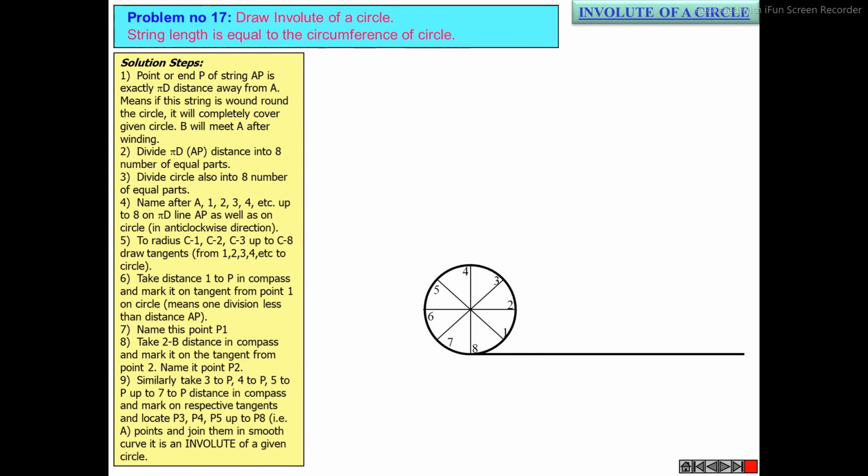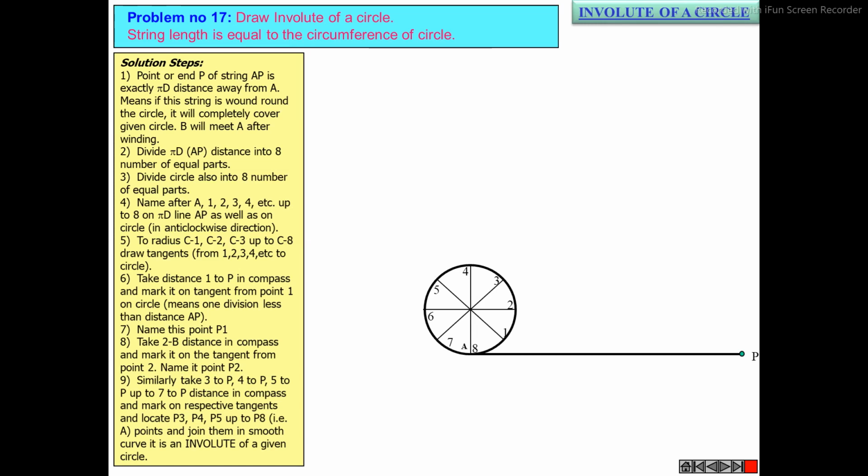So when we multiply 2 pi with r, whatever value we get, that is L, and that L I will mark on this infinitely long tangent line with the help of a compass. Say this point P is the end locus point of your involute, or the end point of your string, or the wire, or the thread. Correct?